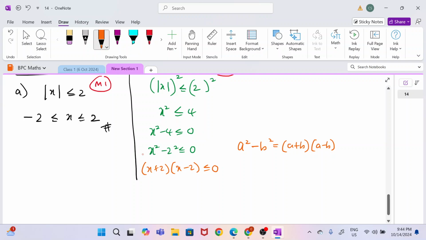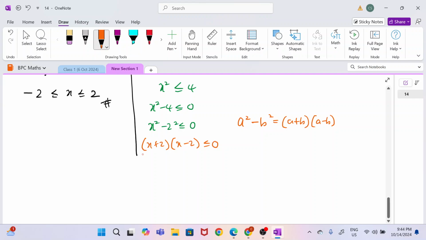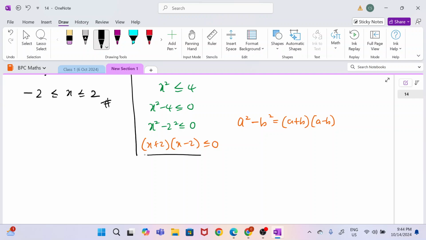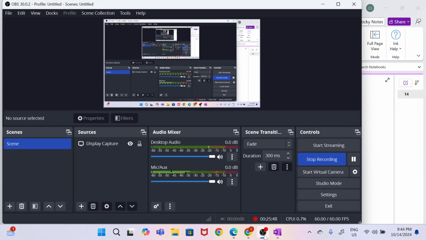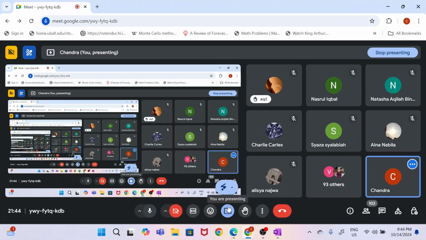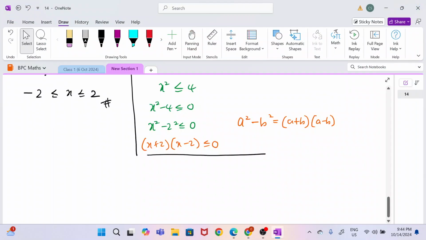Now this is in a factor form. Once in a factor form, what we can do? Take the factor, always greater or equal to 0. If there's equal, put an equal, always greater than 0.